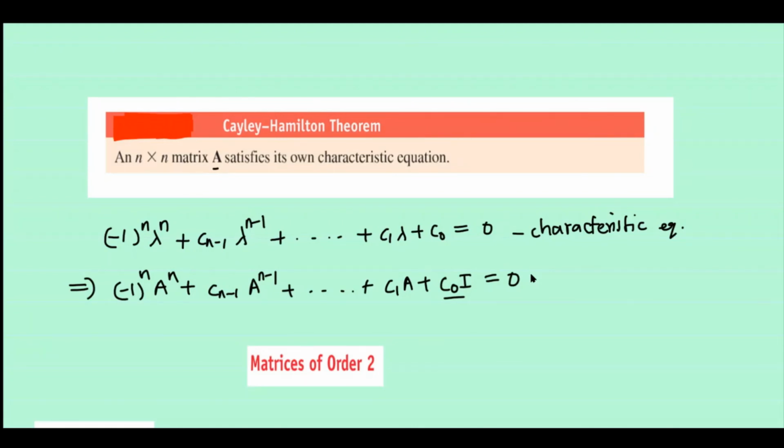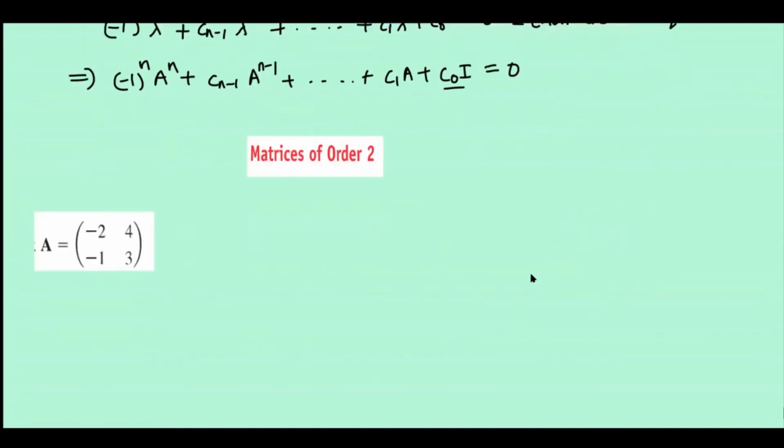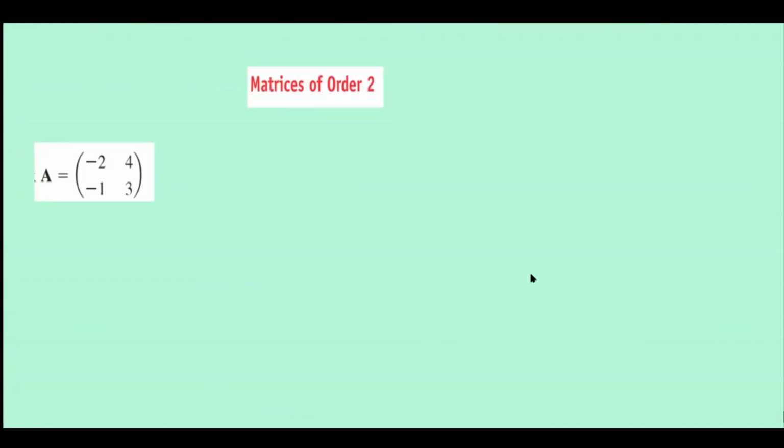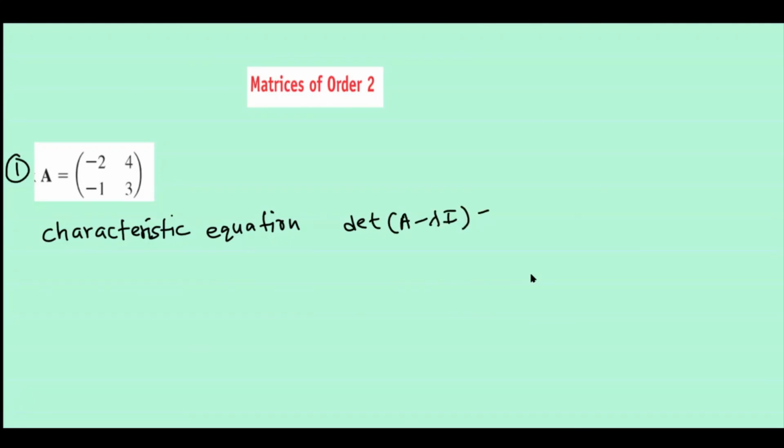Now we will see how to do this. So using Cayley-Hamilton theorem, we will see how to compute the higher powers of the matrix. So first we will take a 2 by 2 matrix. Let A equal to minus 2, 4, minus 1, 3. So first we have to find its characteristic equation. We know that the characteristic equation is given by determinant of A minus lambda I equal to 0.